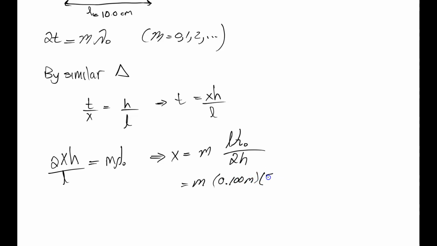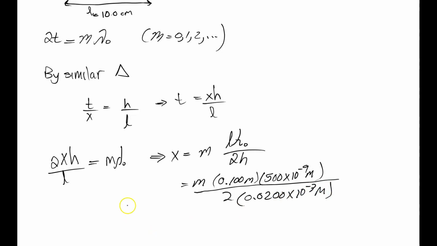Lambda naught is 500 nanometers over 2 times 0.02 times 10 to the negative 3 meters. And this gives us 1.25 times 10 to the negative 3 meters times m, or the same as 1.25 millimeters times m.